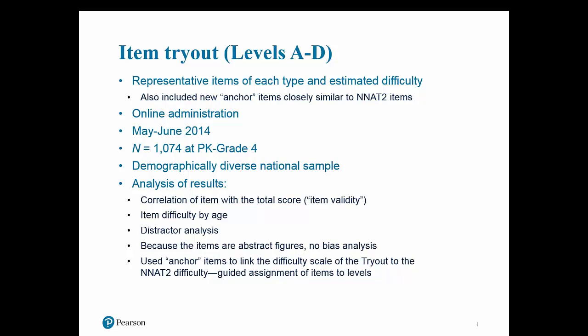And we also included in this tryout anchor items, which were items very similar to NNAT 2 items, in order to be able to make an approximate linking between the set of new items and the NNAT 2 scale. That would be important to be able to then create final forms that would be comparable in difficulty to the NNAT 2 forms.